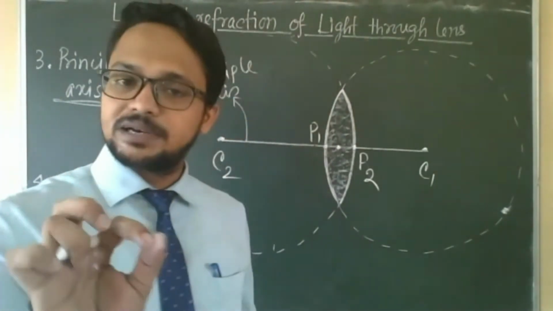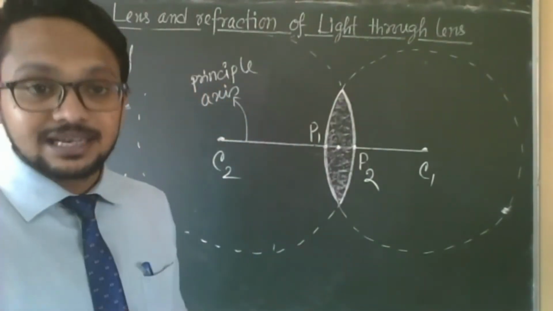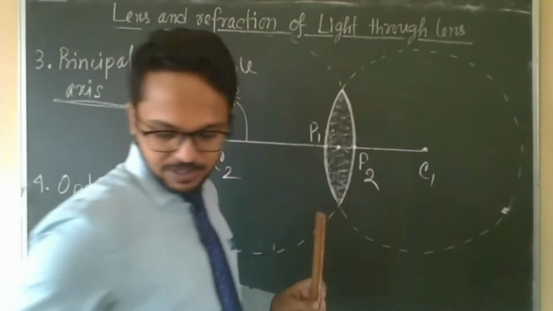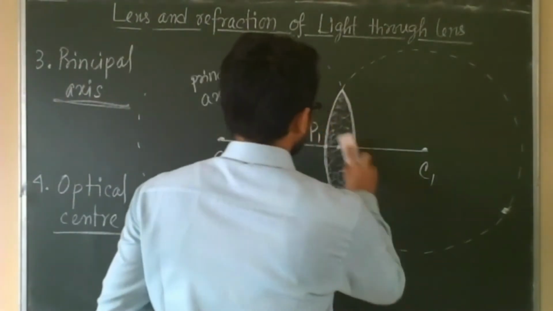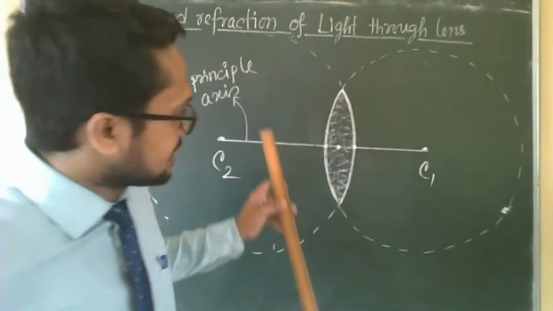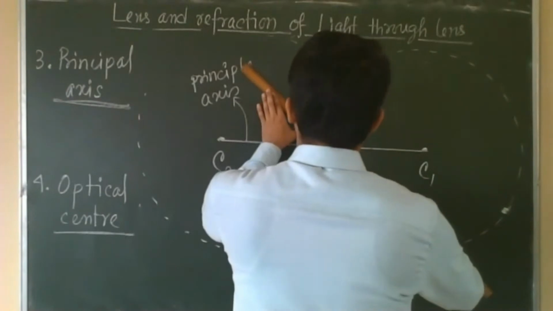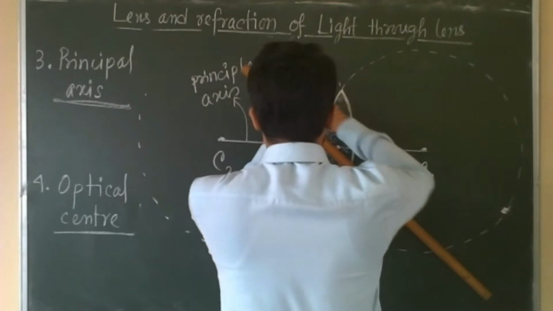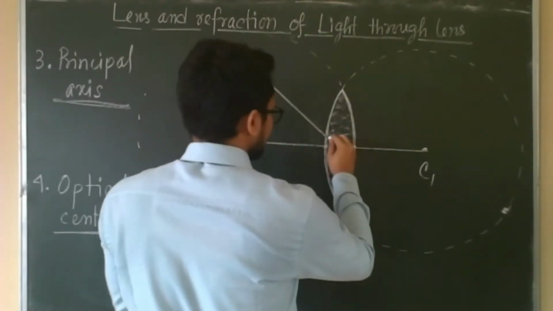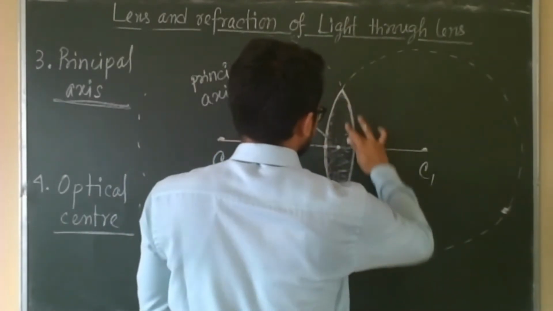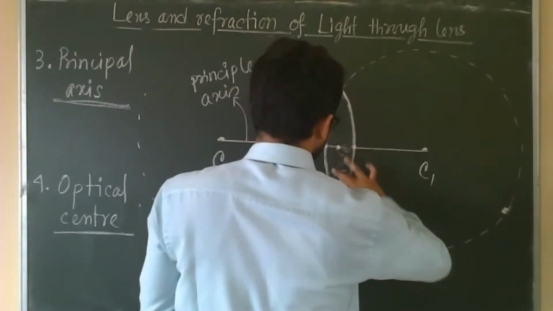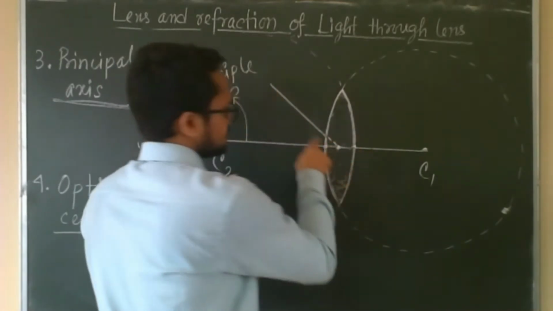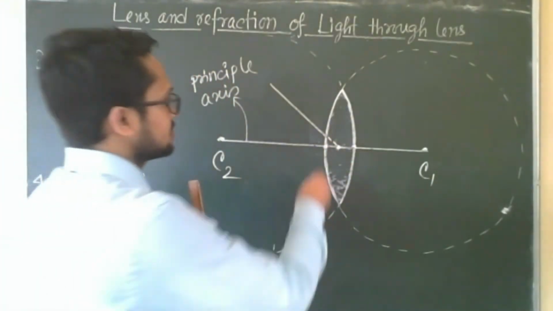Suppose this is a light ray directed to pass through that point; if we extend the ray, it passes through this point.